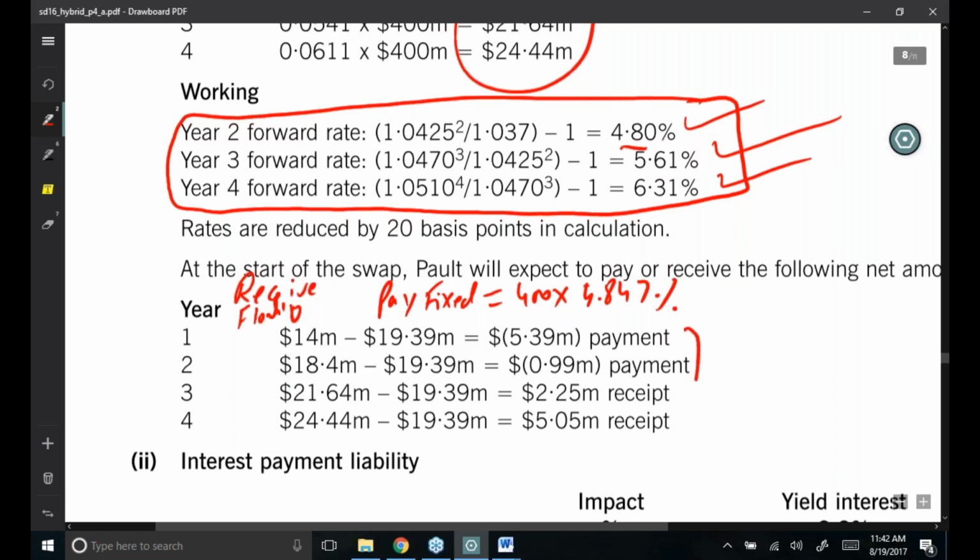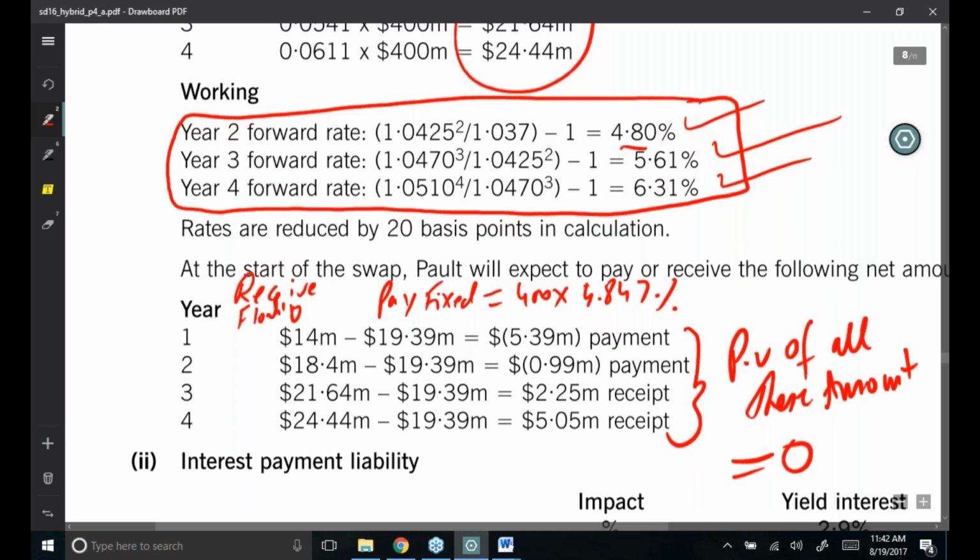swap. And if you take the present value of all these amounts, it will be equal to 0. Remember one thing, the initial value of a swap contract is 0. Initially, the present value of the fixed payment and the present value of the floating payment will be equal, and the swap value at the inception will be 0.